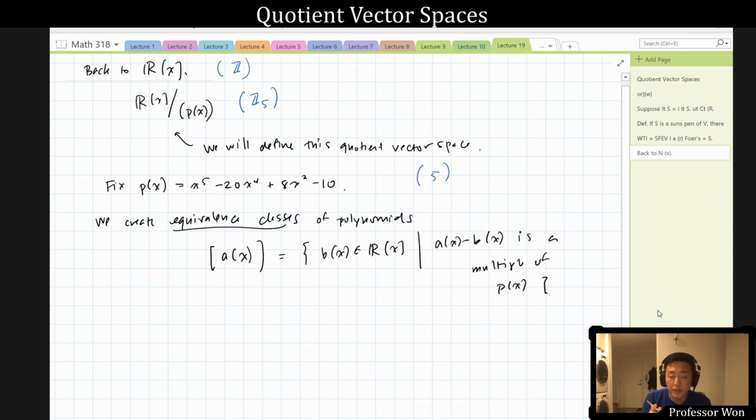Okay, so our equivalence class will be, you pick a representative a, and you look at all of the polynomials that are a multiple of p(x) away from a.